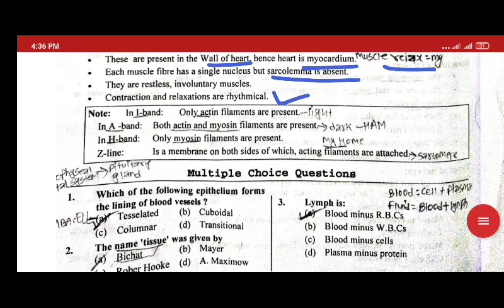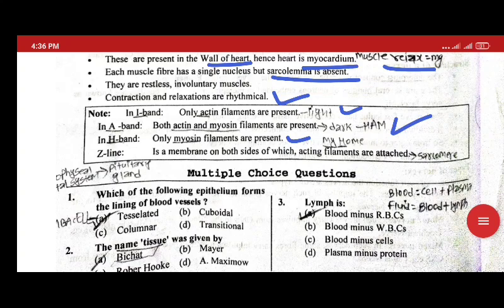Now you should do the questions, and here is some notes. Here you can see in actin, this is light, that is the I band. A means dark. H band is present on the myosin filament.